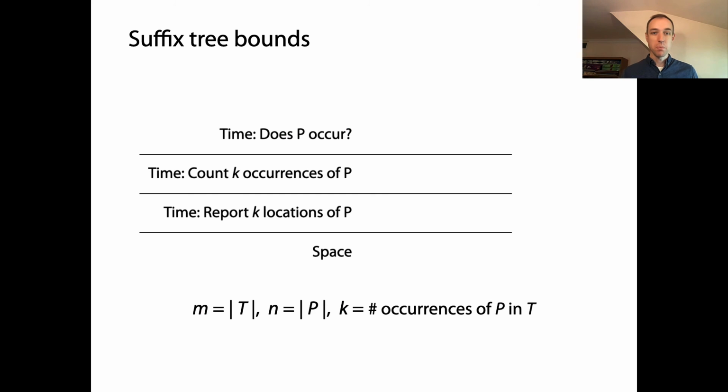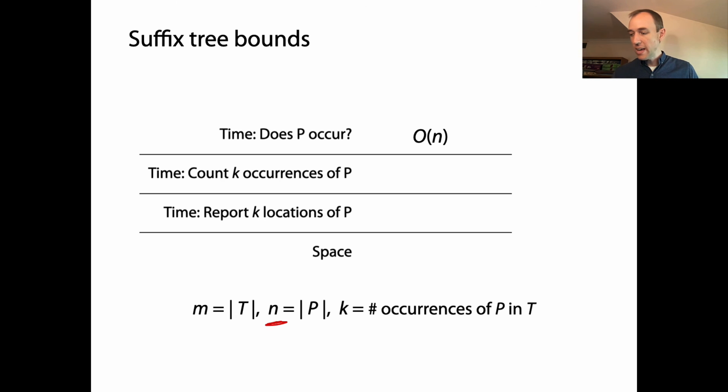So to sum up all of these basic queries that we saw, how much time is required to answer the question, does P occur, when we query the suffix tree? That's just big O of n, where n is the length of P. How much time does it take to count k occurrences of the pattern P within the string T? Well, that's just big O of n plus k.